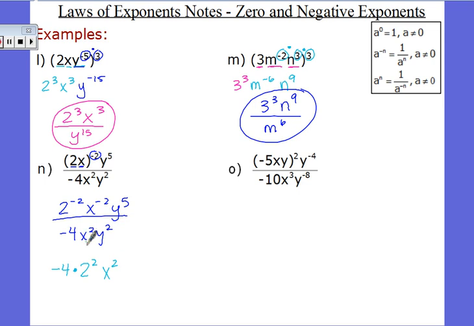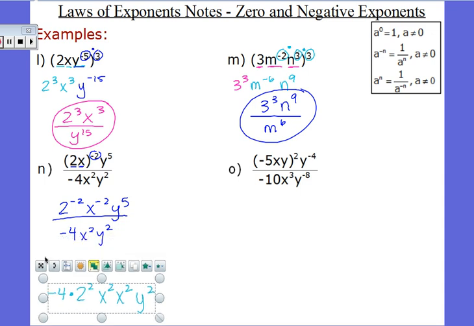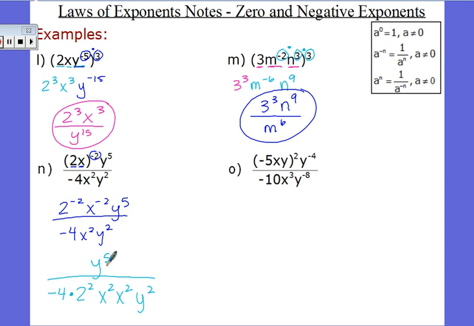That's going to be multiplied by the x squared that was already there. And then the y to the 5th is going to stay in the numerator, and the y squared is in the denominator. We said the numerator remains y to the 5th. Then we're going to simplify any of these things that we can. So I know 2 squared is 4, and then I can do 4 times -4, which is -16.